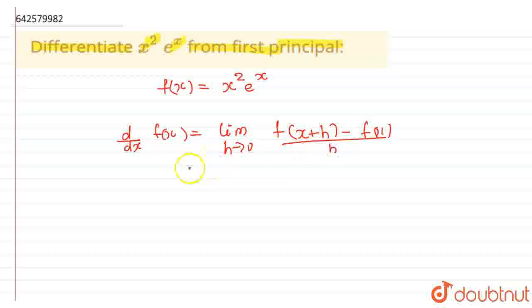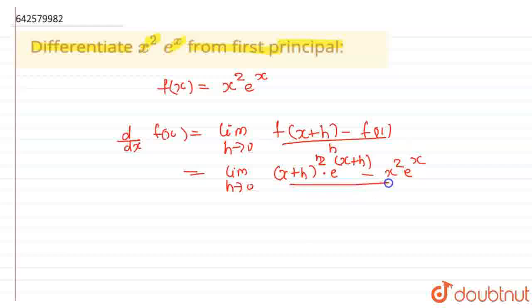So let's put the value over here. So I can write limit h tends to 0, this function would be x plus h whole square, because we have to add h over here, whole square, into e to the power x plus h, clear up to now, minus x square e to the power x upon h. Okay, so if we further solve this, we know a plus b whole square, so we'll put there.